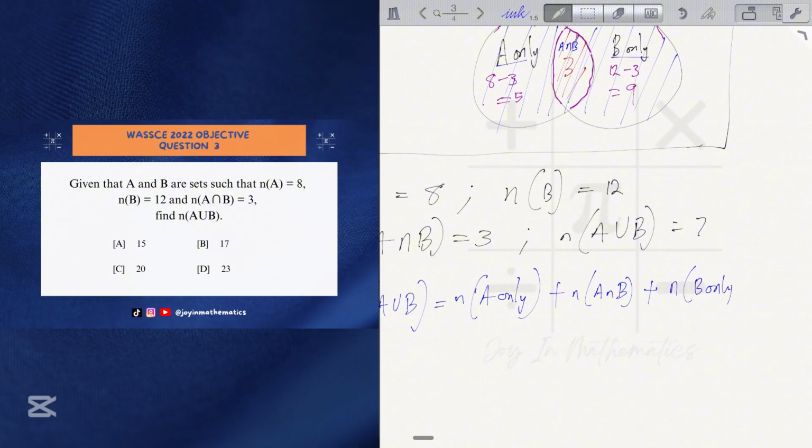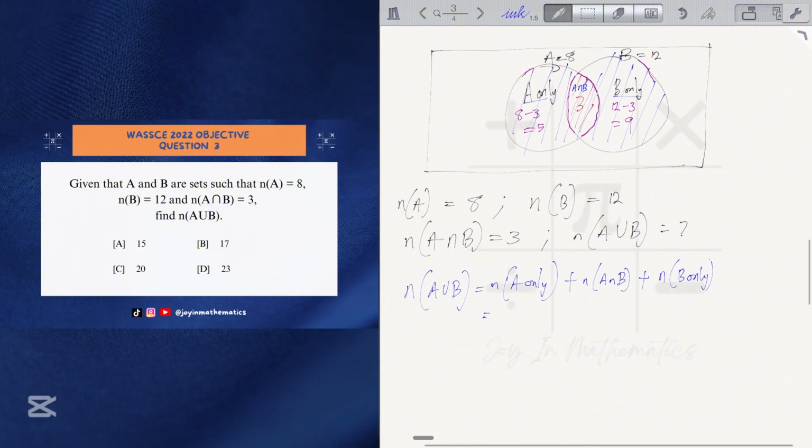We don't want to use set representation, so that will not bombard our head with a lot of principles. So A only is 5, A intersection B is 3, which we're given in the question, and B only is 9. If we sum this up together, we have the answer of 17. So the cardinality of A union B is 17, which is option B.